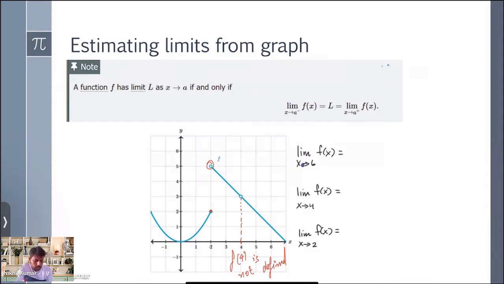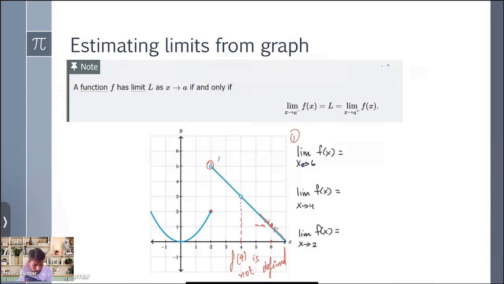So the first question is to find the limit of this function as x approaches 6. Okay, 6 is this. As x approaches 6 from the left hand side, from this side, you're approaching this value, and if you're approaching from this side, you're again approaching the same value.